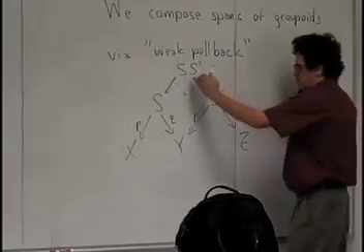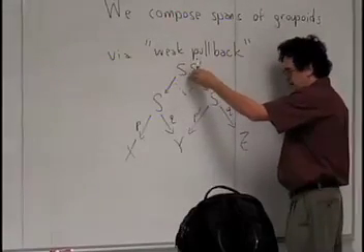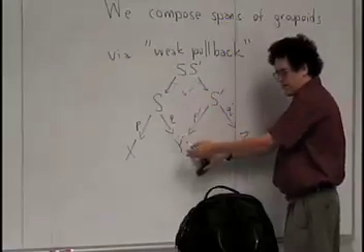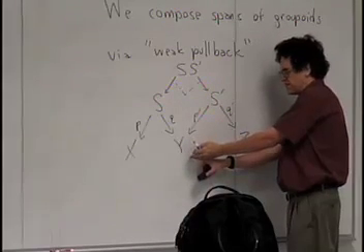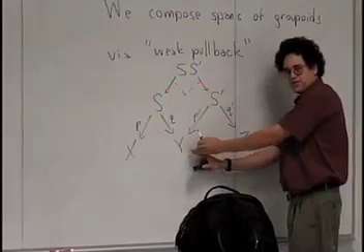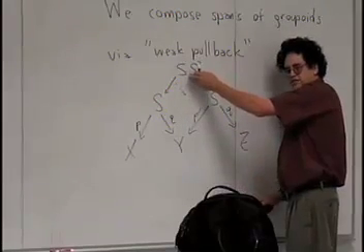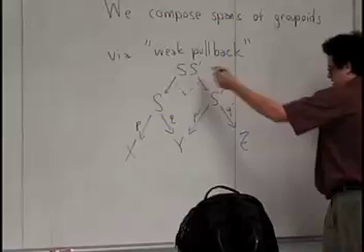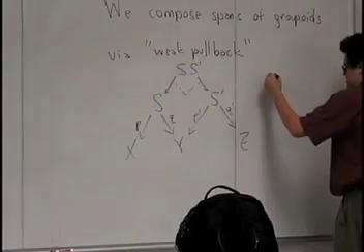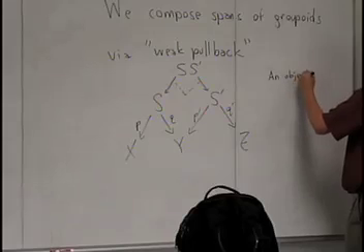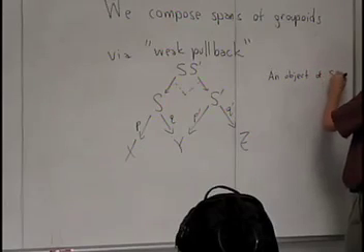The way the pullback works is that an element of this set would be an element of this set together with an element of this set that both map to the same element down here. But we're not doing sets anymore, we're doing groupoids. So we have to ask what's an object of this groupoid SS prime.